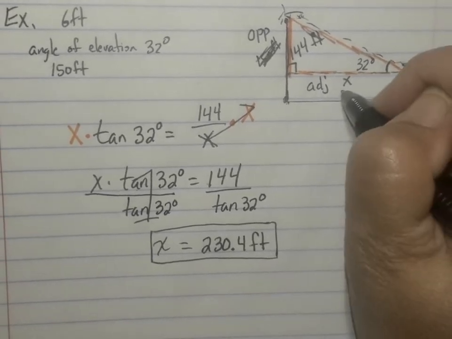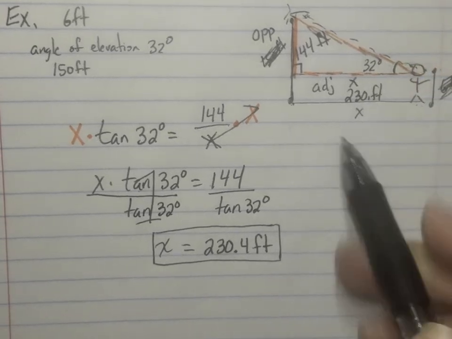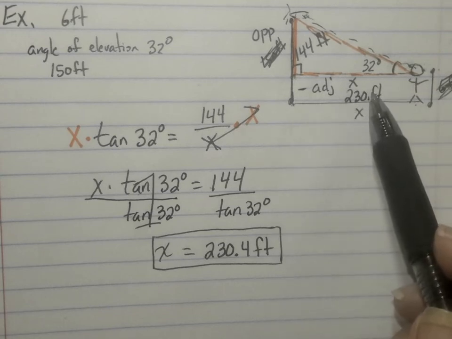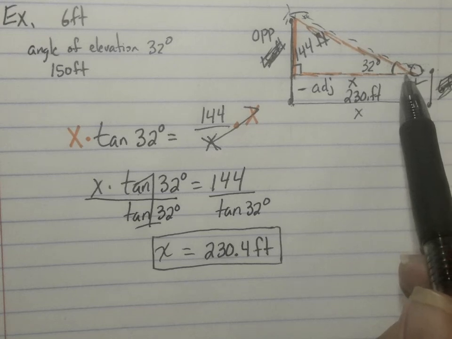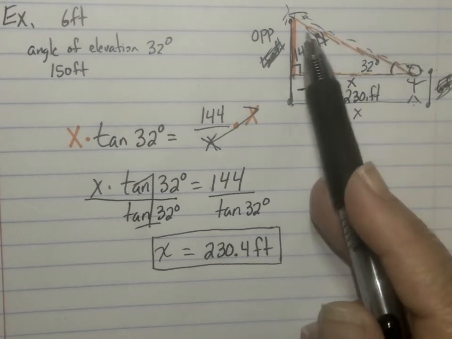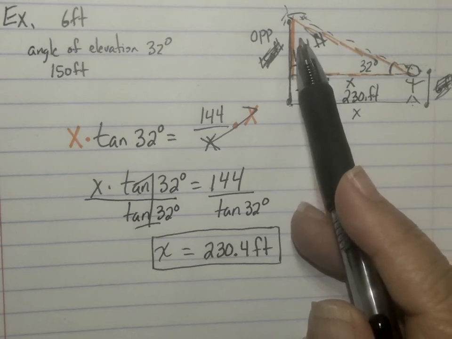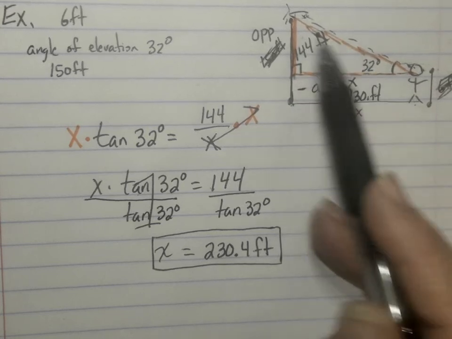Alright, you always want to make sure that your answer makes sense. So first of all, what would happen if you got a negative answer here? That would not make any sense at all, right? You're measuring a length, it can't be negative. Alright, this is 32 degrees. How much is this angle then? What does the triangle add up to? 180.